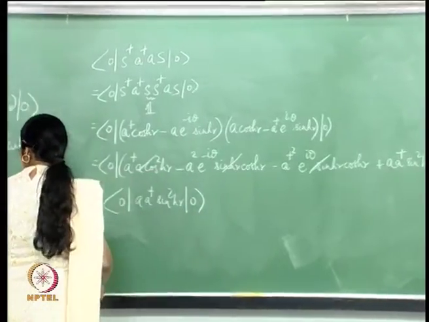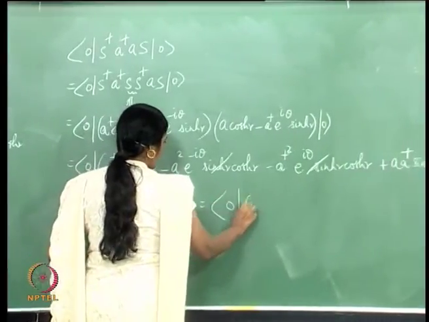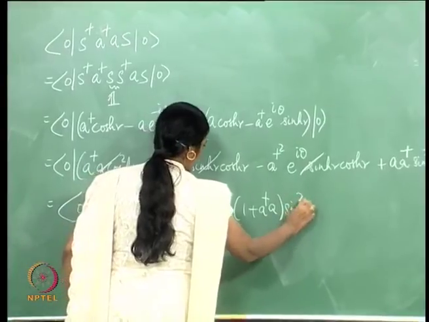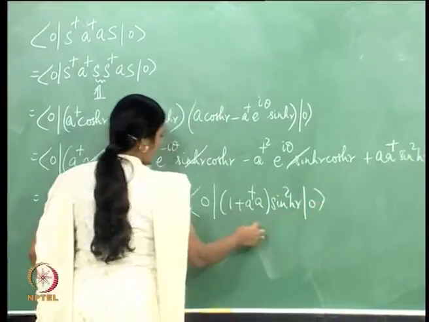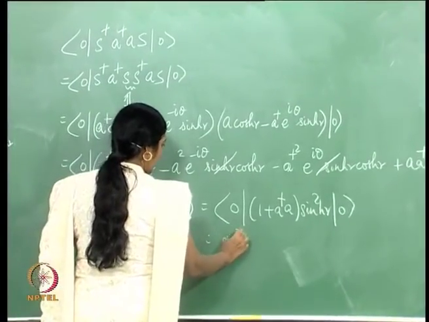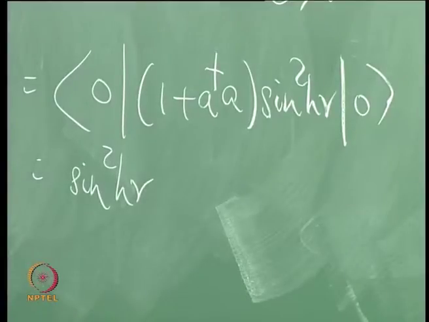As before I can work it out, and this object is simply ⟨0|(1 + A†A) sin squared hr|0⟩, and while A†A does not contribute, the 1 does, and I get a sin squared hr.